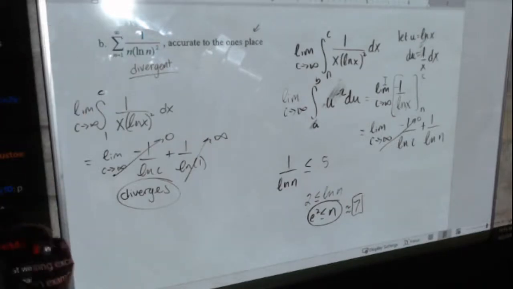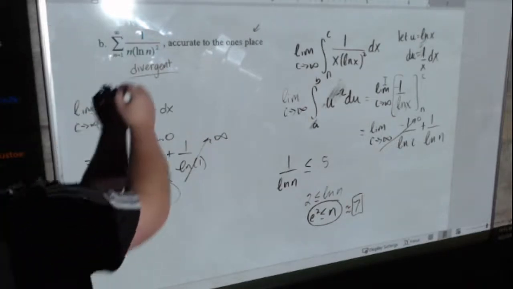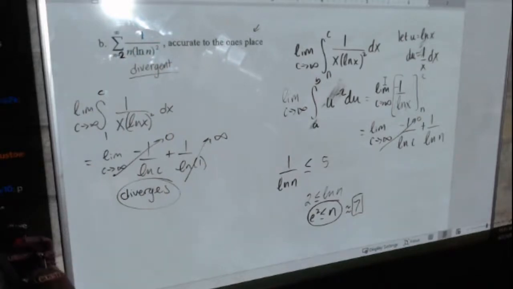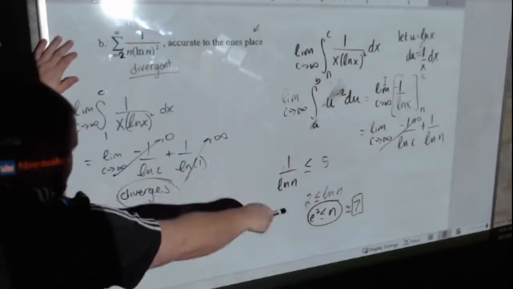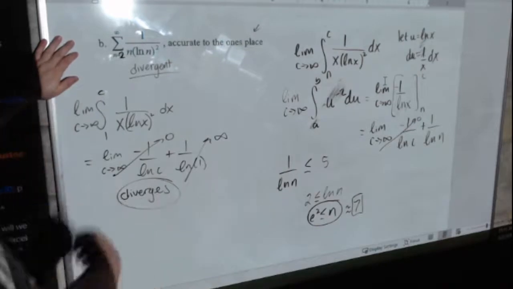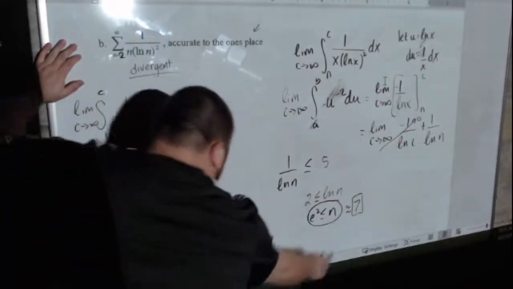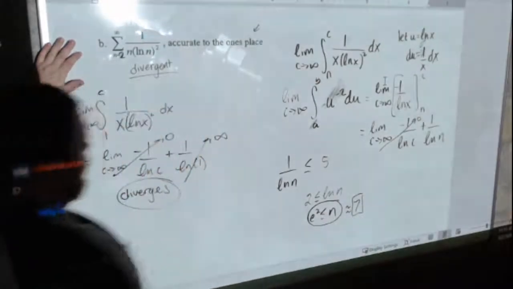However, what I want you guys to do is start at 2. Reprove that to yourself. Go into Excel and prove that you get 7 terms.